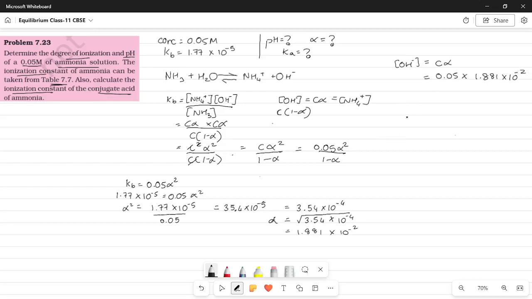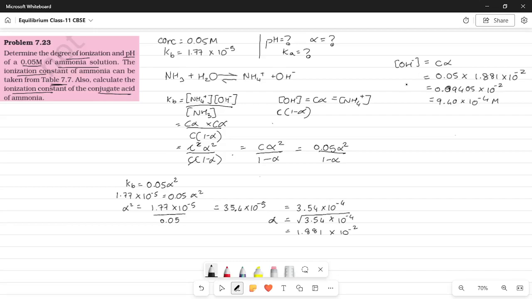So this will be equal to 0.090405 into 10 to the power minus 2, or we get 9.40 into 10 to the power minus 4 molar.